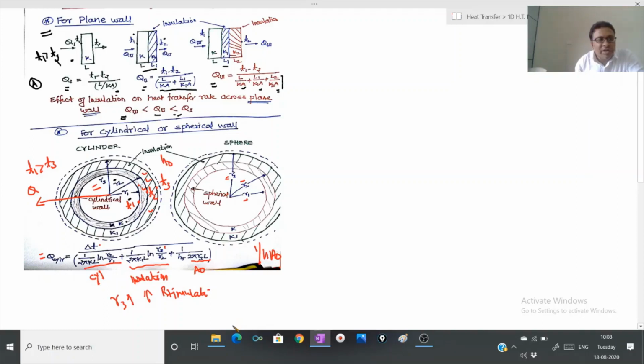So 1 upon h_o into 2 pi R3 L, this entire parameter is going to decrease. So R_th convection decreases when R3 increases.